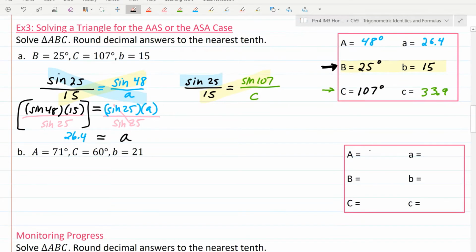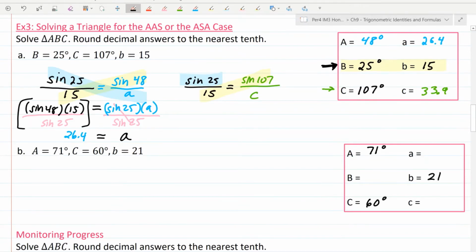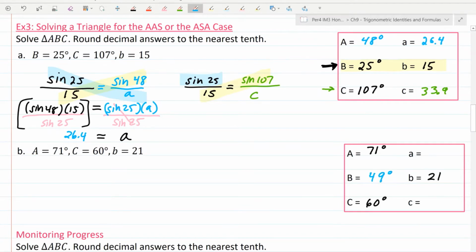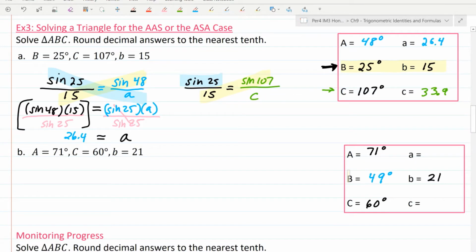So first I'm just going to write these in. Then I'll use my calculator, add these two, subtract from 180. Then I'm going to set up the equations. Since again, B has all the values, we're going to use that.